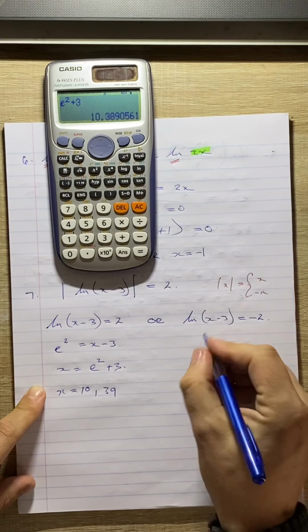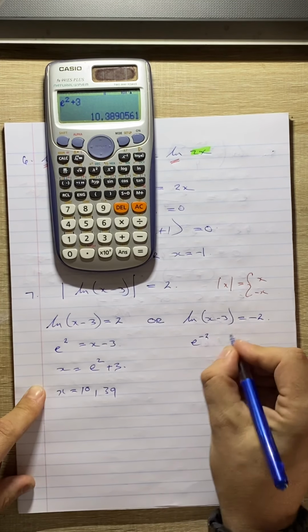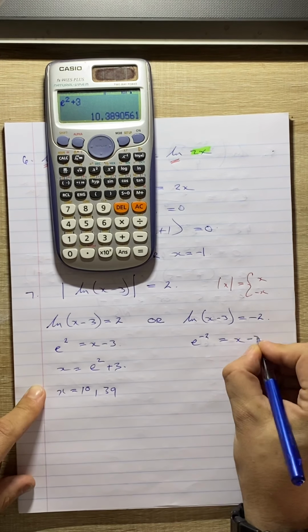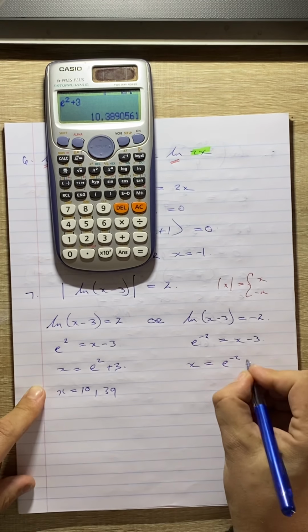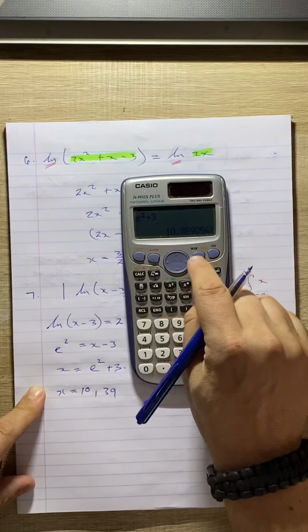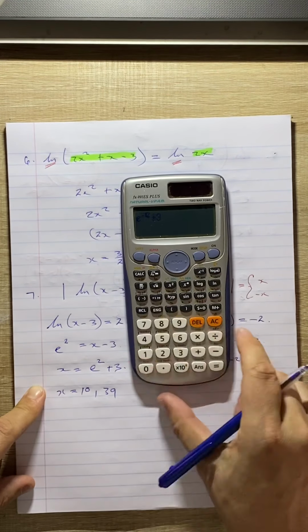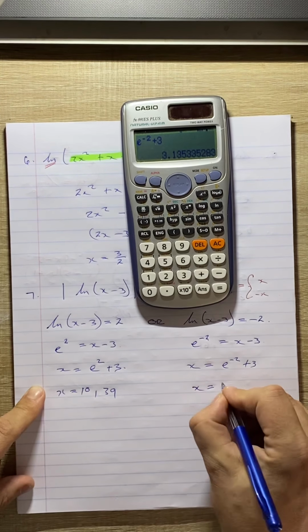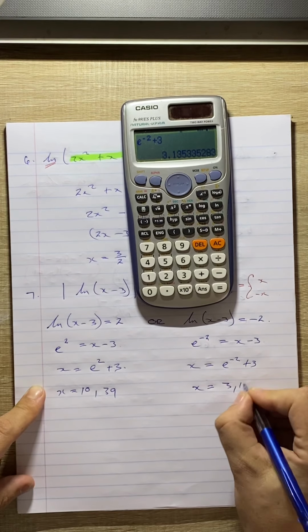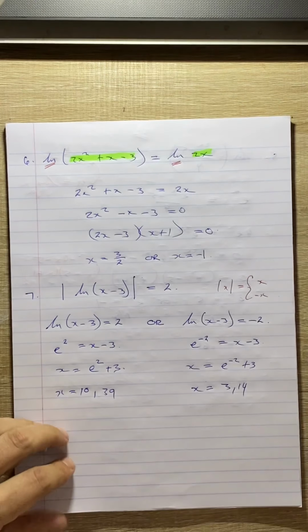In this case over here, we'll get e^(−2) = x − 3. So x is equal to e^(−2) + 3, and we get x = 3.14.